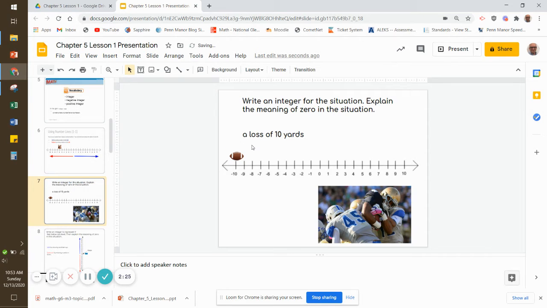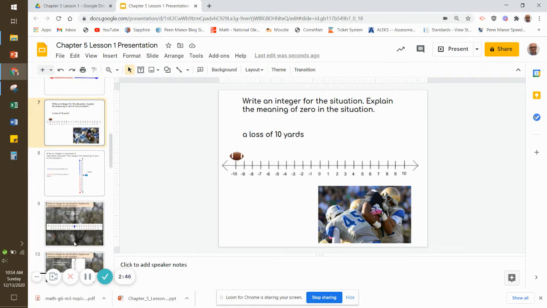So we could say that the new integer for Notre Dame's loss of 10 yards would be negative 10. And what was 0 in this situation? 0 was where they started. We call it the line of scrimmage, but if you just know that that's where we started, we'll be in really great shape.